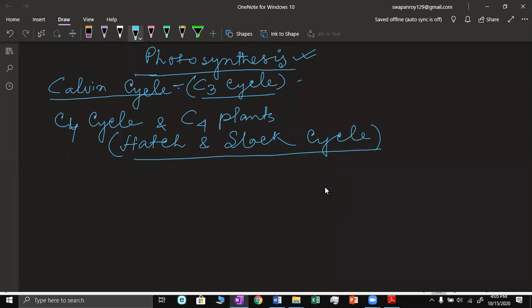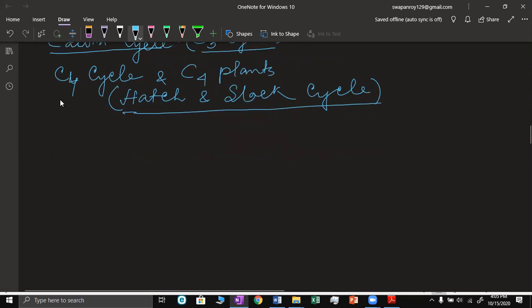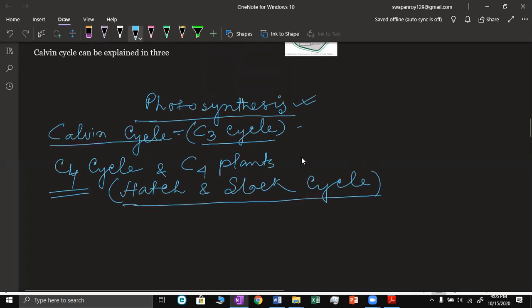You remember that the Calvin cycle operates within the stroma of the chloroplast in mesophyll cells.